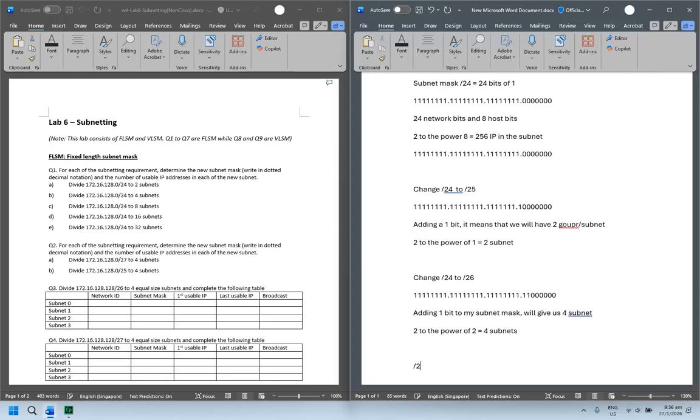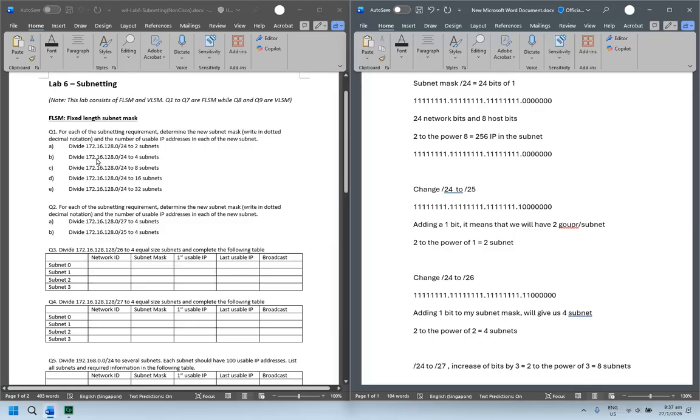For example, /24 to /27, I increase the number of bits by 3, which will give you 2 to the power of 3, which is 8 different subnet groups. Making use of this concept, you should be able to do the rest quite easily.